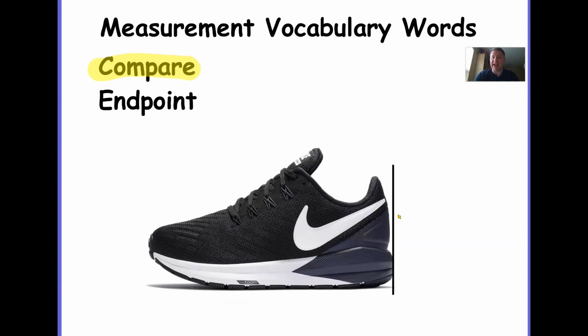We want to line the endpoint of the shoe with the endpoint of the thing that we're measuring so that they're both starting at the same place and we can get an accurate measure. Here's the other endpoint of the shoe. When I drew that line, I have to move it because I'm not at the tippy tip.